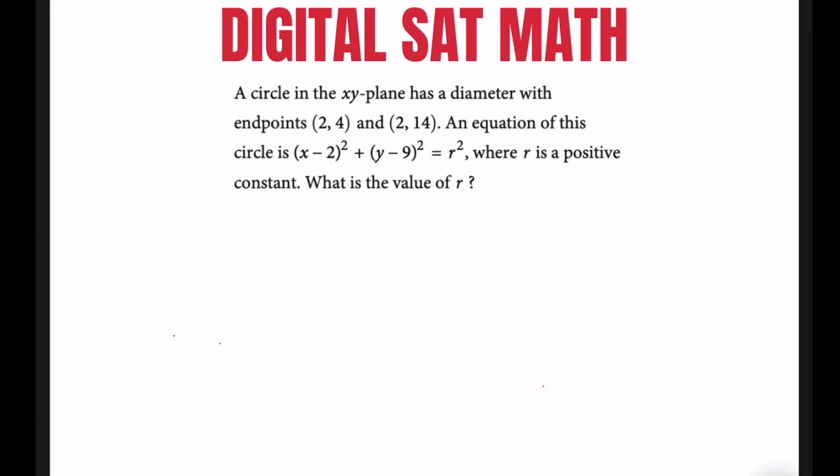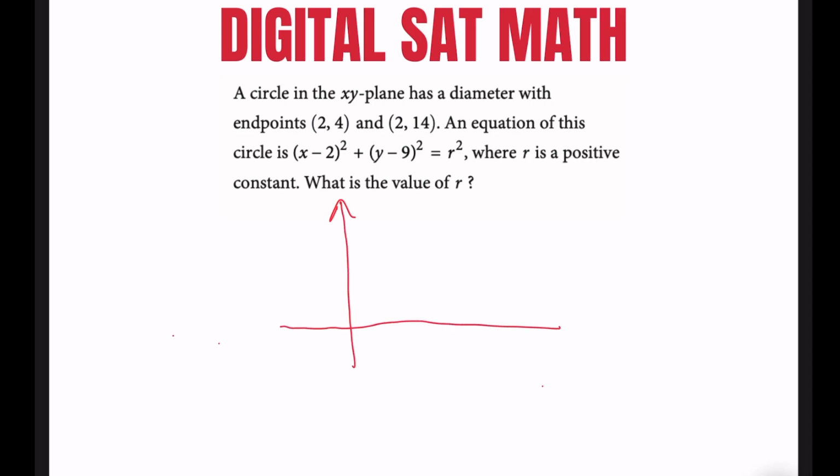So, to solve this question, I would suggest you draw a coordinate plane to have a better understanding of what's going on here. For (2, 14), let's say here is 1 and here is 2, and 1, 2, 3, 4, and (2, 4) is this point.